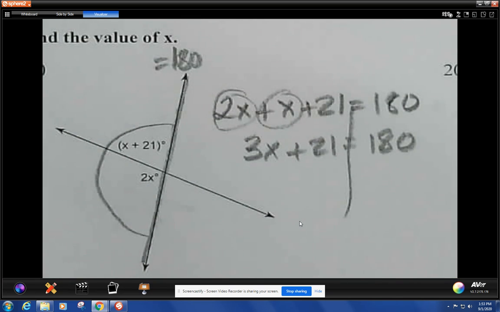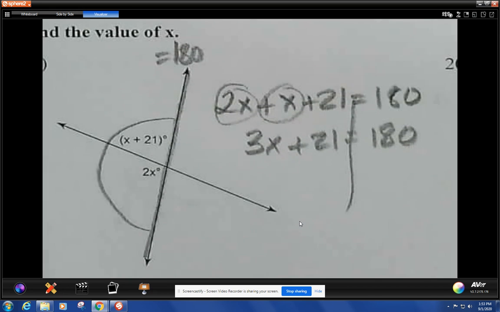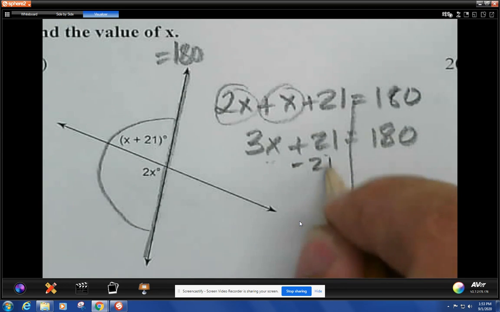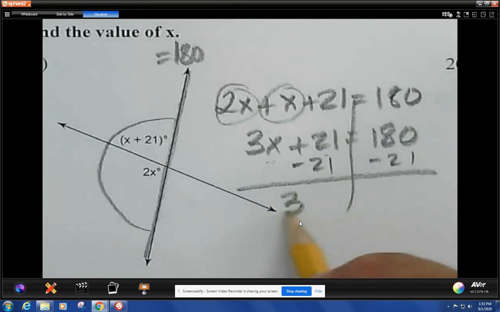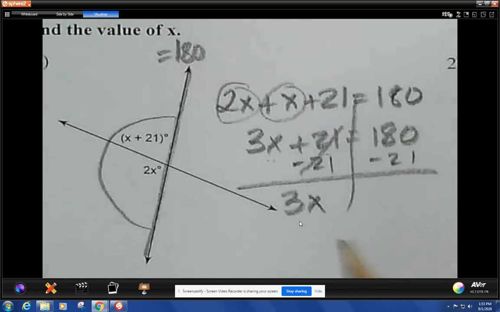And now I just need to finish out my problem. All right, so again, if I want to isolate this 3x, I want to isolate this x, I need to get rid of this positive 21. In order to get rid of positive 21, I need to subtract 21 from both sides. That is going to leave me with 3x. This is going to cancel out, which is exactly what I wanted it to do.